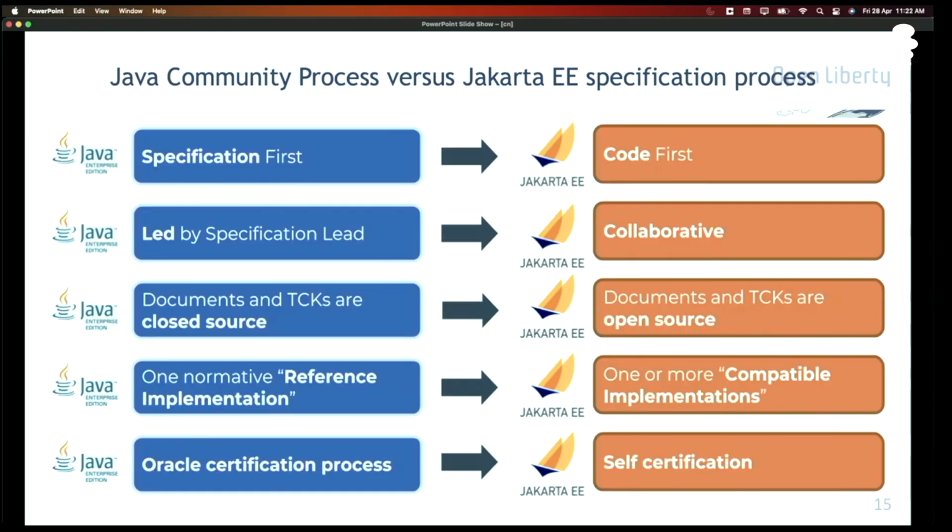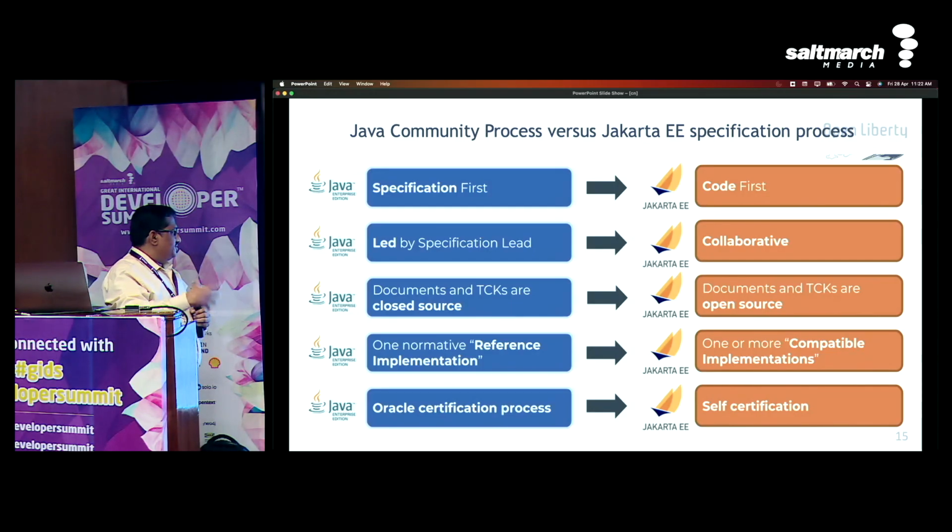This is the process that Jakarta EE follows. Earlier it used to be a stringent process where you first decide the specification, then you go for the implementation. Right now it is an iterative model where you standardize, you implement, then come back, standardize, and certify.